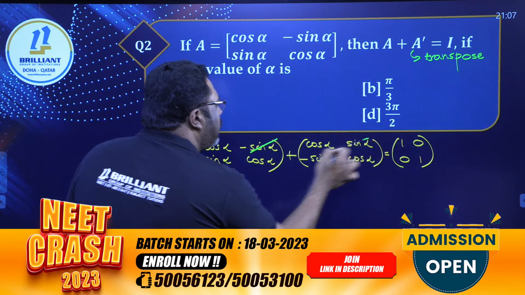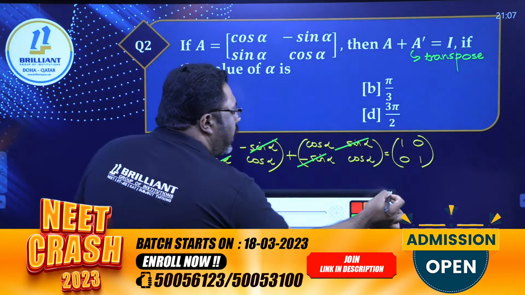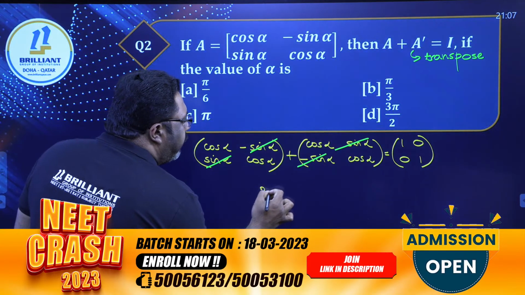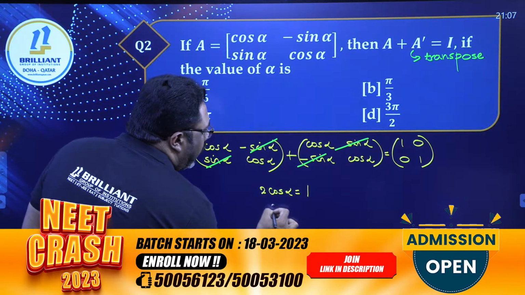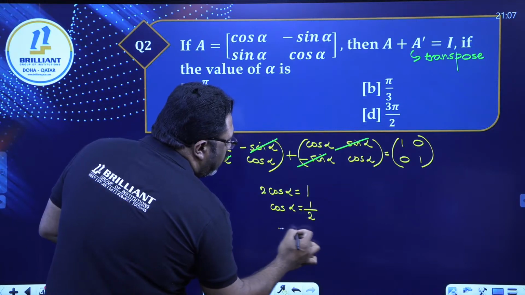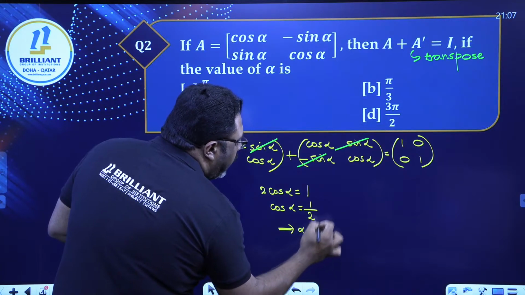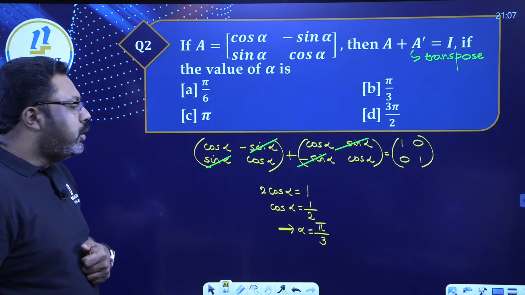On adding, these two will be eliminated. We see it's cos alpha plus cos alpha, which is 2 cos alpha, equal to the right hand side 1. So cos alpha equals 1 by 2, which implies alpha is equal to pi by 3.